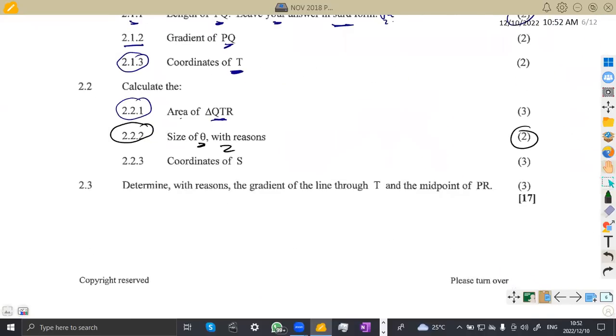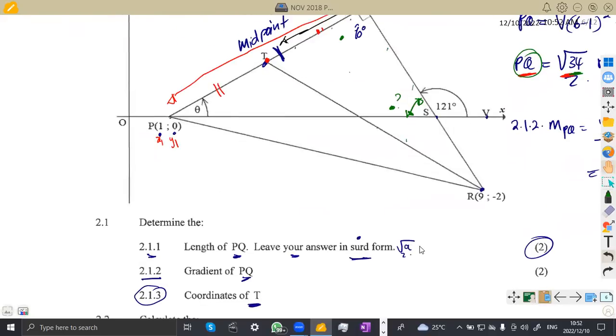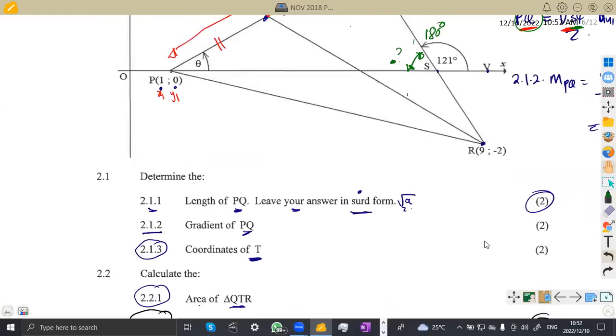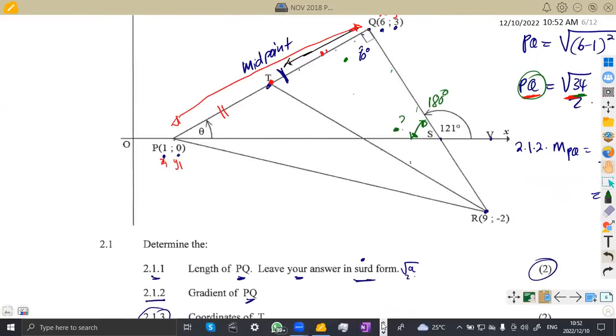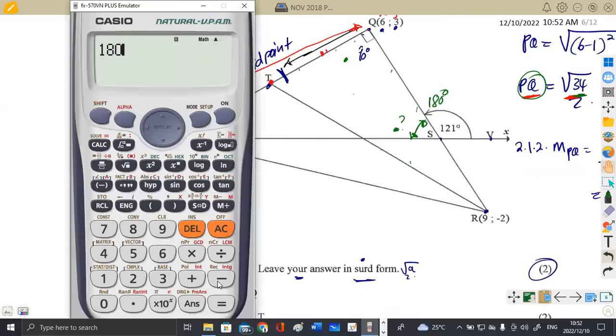So I'm just going to utilize this space here. That is 2.22. The first thing, we can calculate the angle at S. The angle at S, which is inside the triangle, that is PSQ, which is 180 minus 121, since angles on a straight line add up to 180. So you're going to subtract. 180 minus 121 is 59.